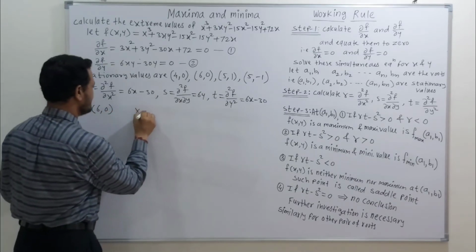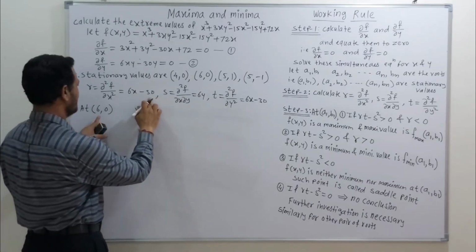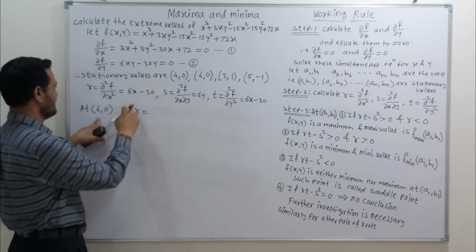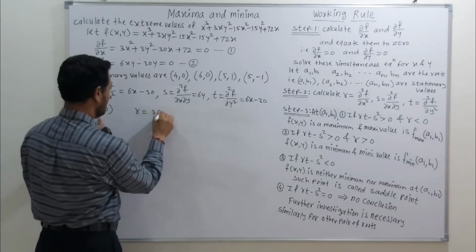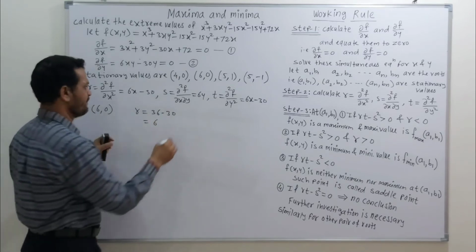So now for this point, calculate the value of r. r is 6x minus 30, so put the x value as 6: 6 sixes are 36 minus 30, so this value is 6.